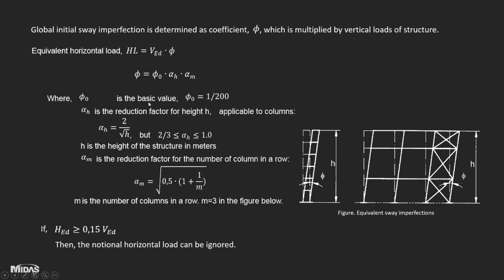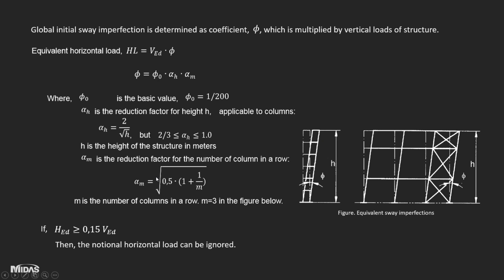Phi 0 is just a specific value, and alpha h we can easily get if we know the height h of these stories. But the problem is alpha m. Alpha m varies based on this m value. The m value is the number of columns in a row. So based on the number of columns of your structure in each story, this alpha m value varies.